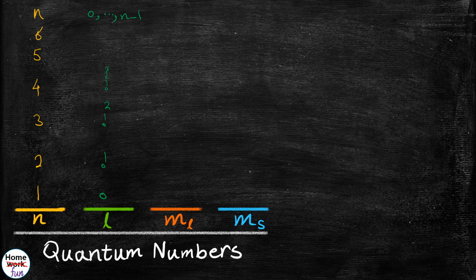ML, the magnetic quantum number, is always for whatever L that you have. For example, for 0 is 0. For sublevel 1 is from -1, 0, and +1. For sublevel 2 is -2, -1, 0, +1, +2. So 5 orbitals, right? This shows how many orbitals you have.